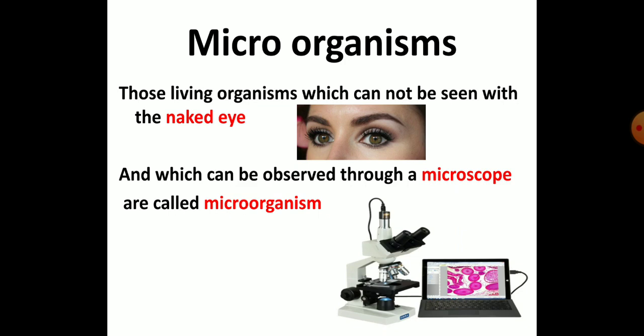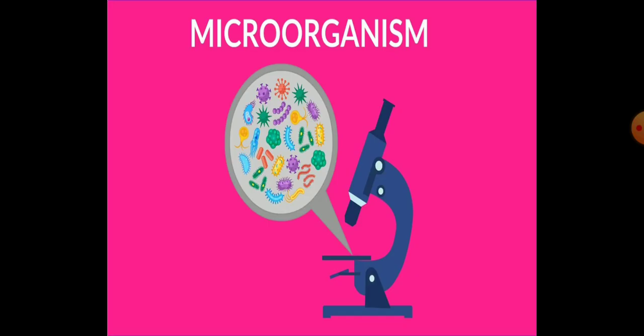So, what are microorganisms? Those living organisms which cannot be seen with the naked eye and which can be observed through a microscope are called microorganisms. These indistinctly glimpsed particles can be seen clearly under a special optical device known as a microscope.